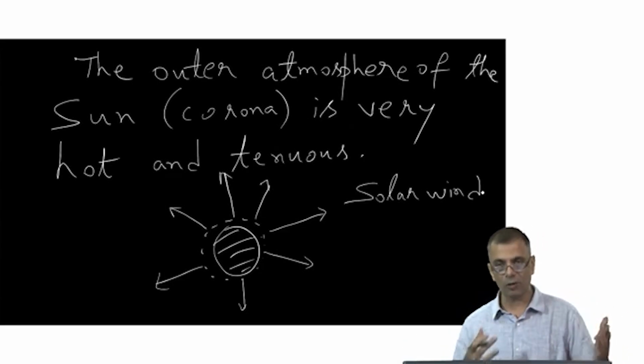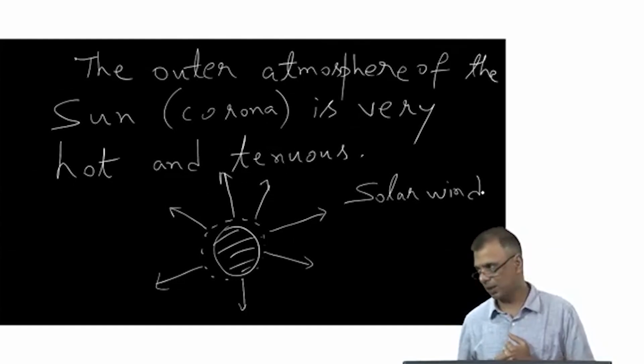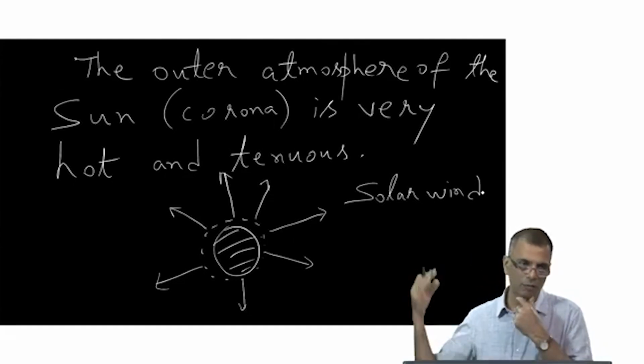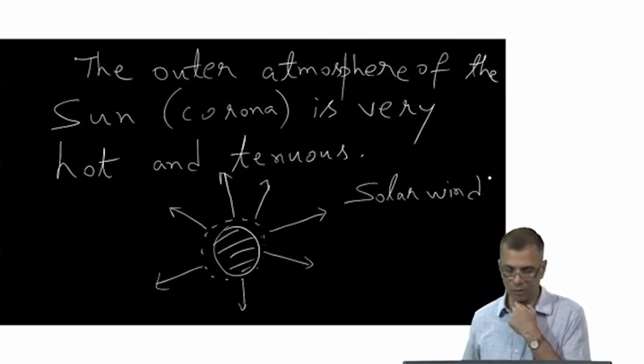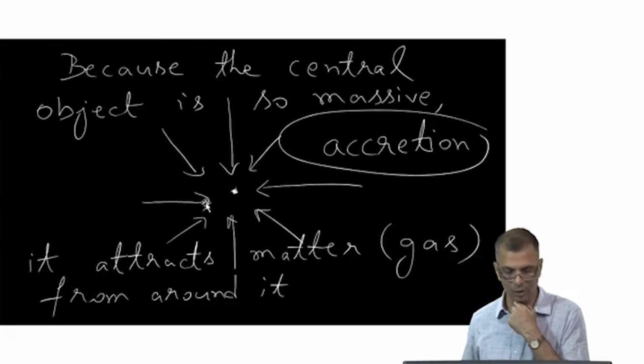Certainly it flows past the Earth, okay, and the solar wind, I think it's been observed as far as the orbit of Neptune.